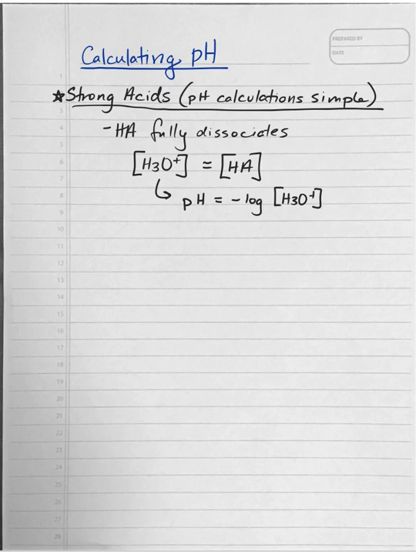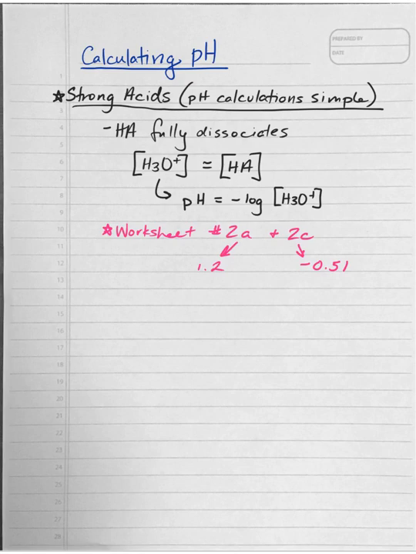You should pause this video here and go to the worksheet on Canvas, and try number 2A and number 2C to practice using this equation and calculating the pH for a strong acid solution. The answer to number 2A ends up being 1.2, and the answer to 2C ends up being negative 0.51.